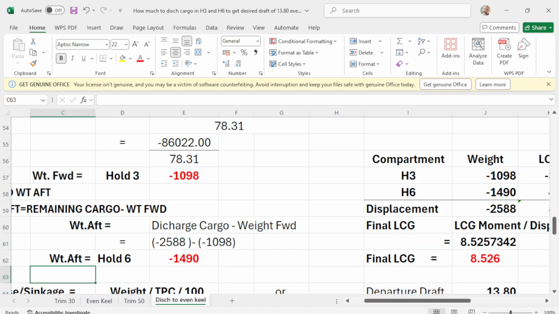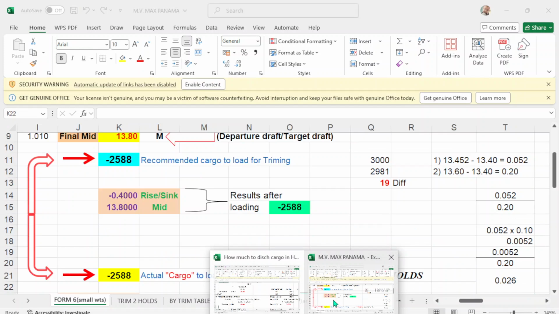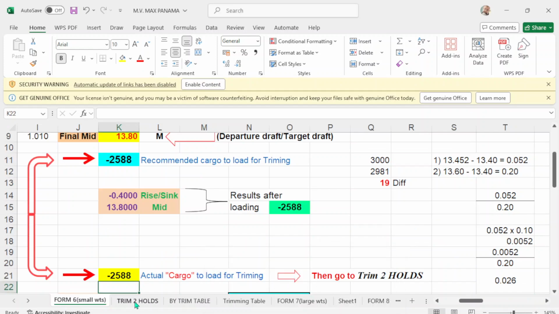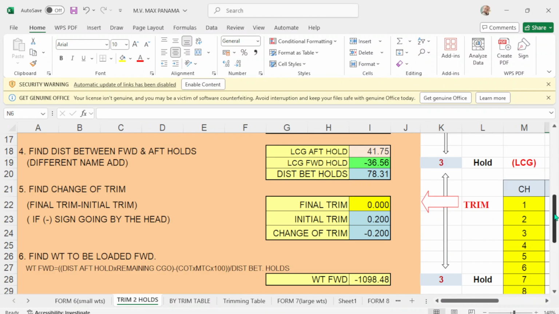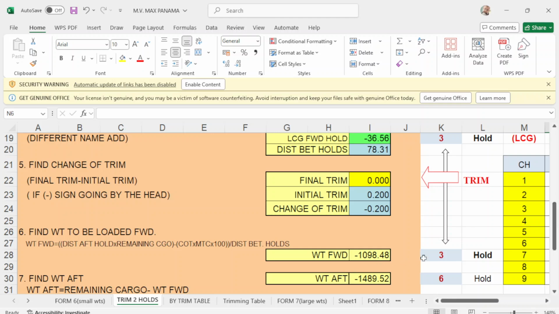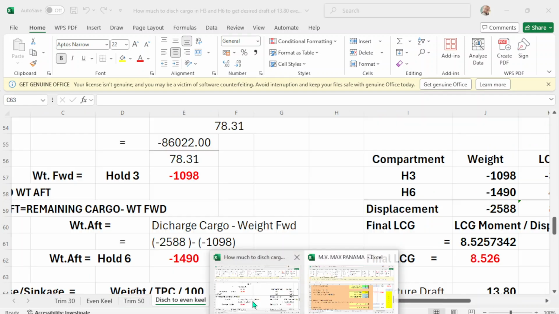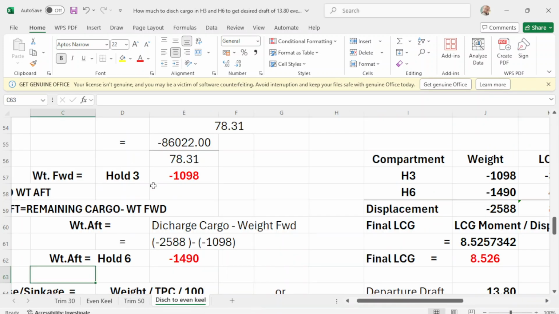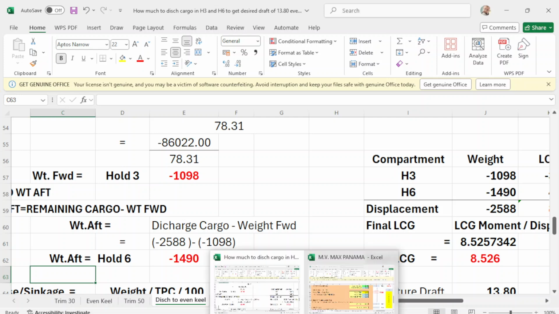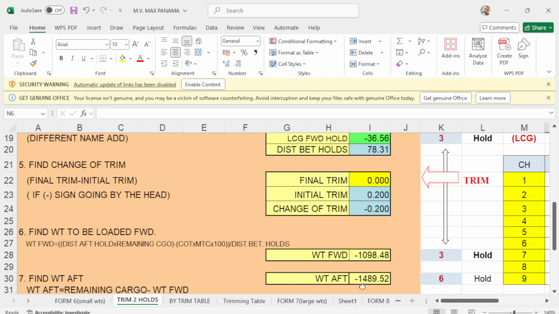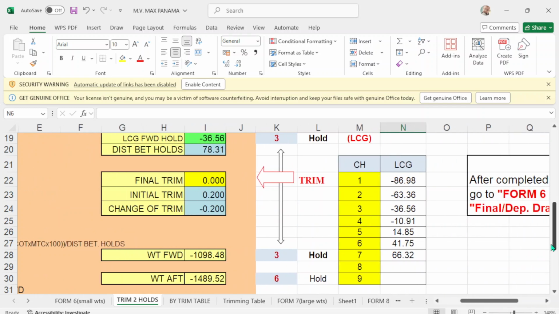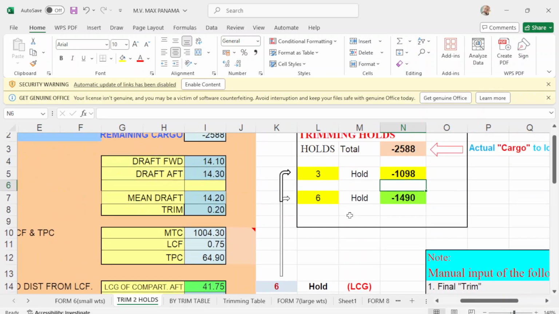And the program says hold number 3 is negative 1098, and hold number 6 is negative 1460, which is this one, which you round up. Okay, negative 1460.